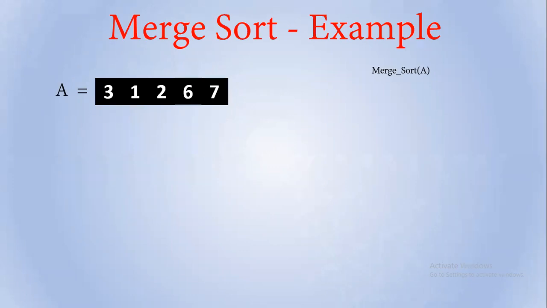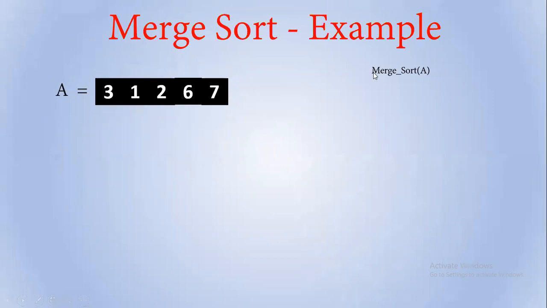So when it is given this array, assume this is the array and I'll name it capital A. It consists of 5 numbers: A0, A1, A2, A3 and A4.